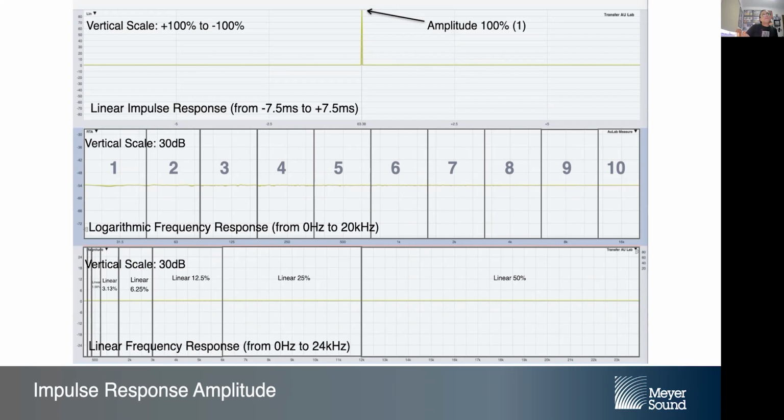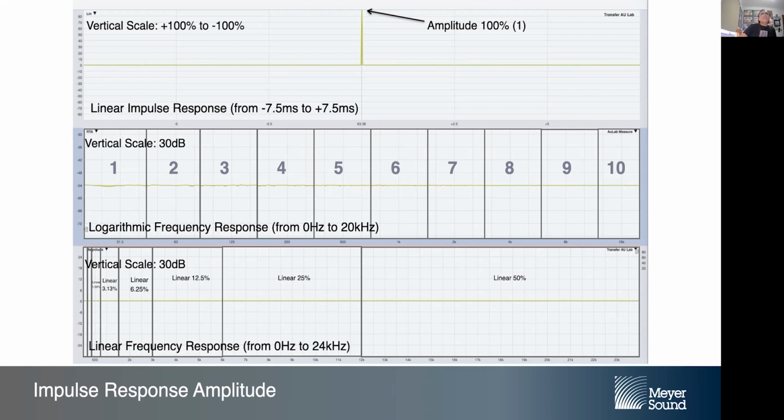An important thing: the trace in the center has logarithmic labels, but the graphic in the bottom has the same amplitude, 30 decibel to the top, 30 decibel to the bottom, but the labels in the bottom one are linear. We can see here in the graphic in the center that we have numbers from 1 to 10. So this is the octaves 1, 2, 3, 4, 5, 6, 7, 8, 9, 10. So from 20 to 20,000 hertz, we have 10 octaves.